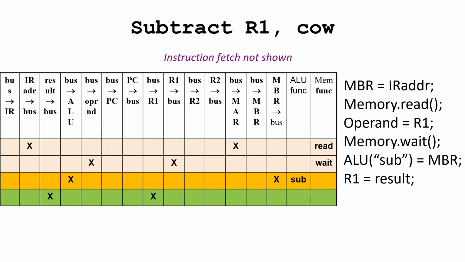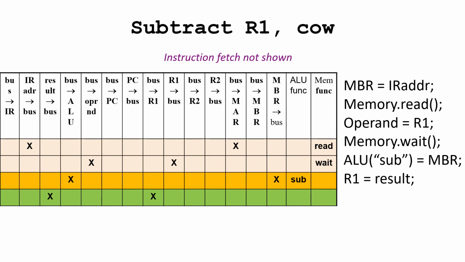Here's an example of a direct memory access instruction that's going to go out to memory, get the value in cow, and subtract that from R1 and put the result in R1. Because the operand is in memory, the first thing it must do is copy that address of cow into the memory address register and start reading.